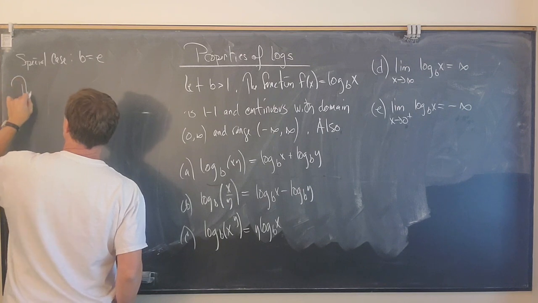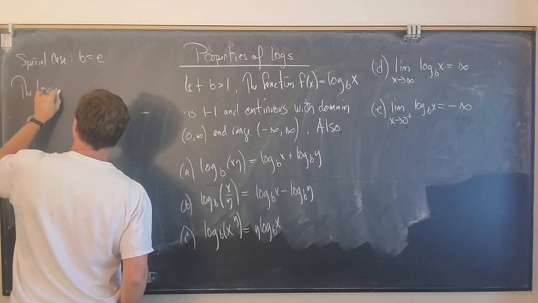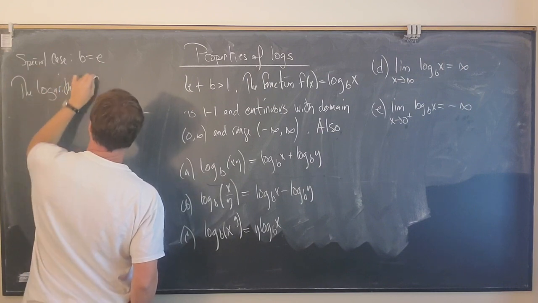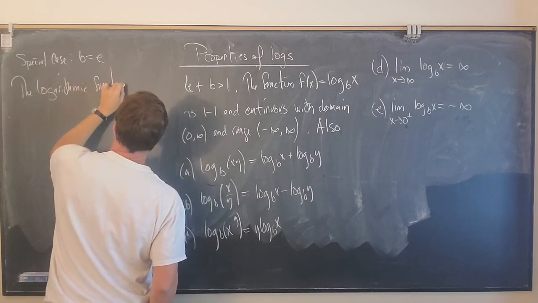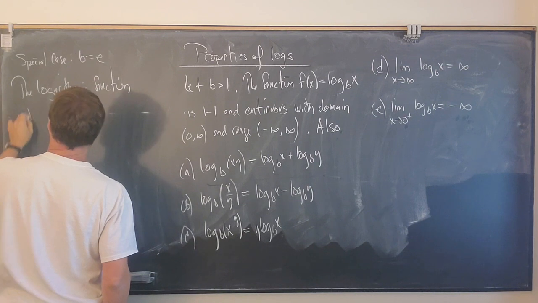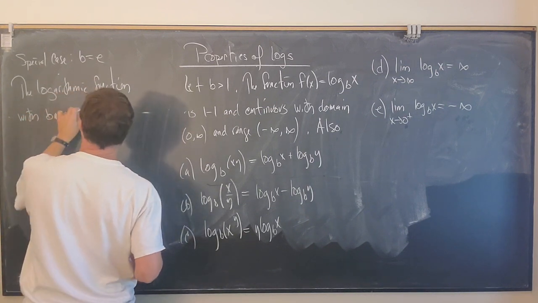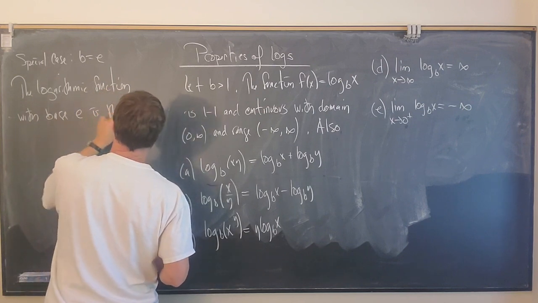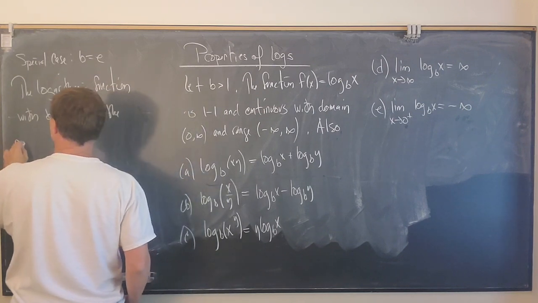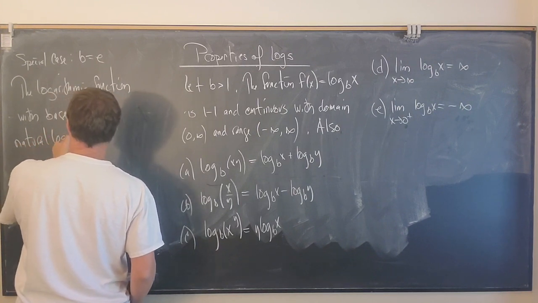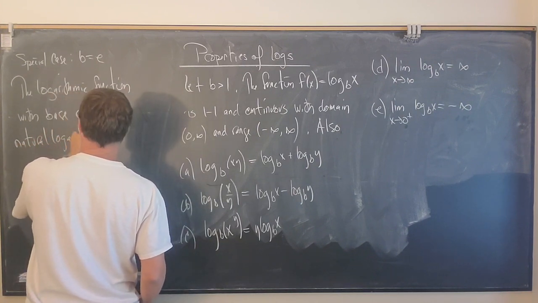So the logarithmic function with base e is the natural logarithmic function.